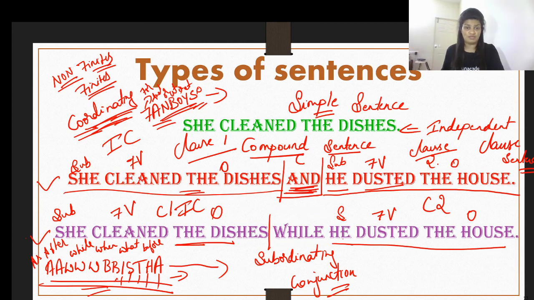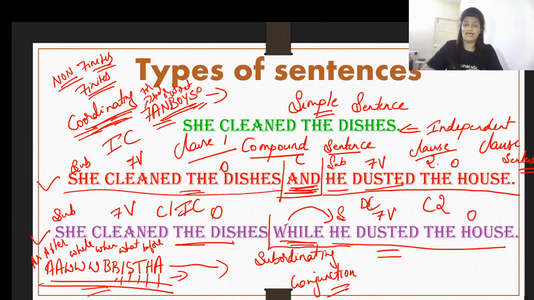Remember what I told you yesterday: when you are combining a statement with a subordinating conjunction, you start the second clause along with the conjunction. So here your clause is while he dusted the house. Therefore, the conjunction is included in this clause. Hence, it becomes your dependent clause.